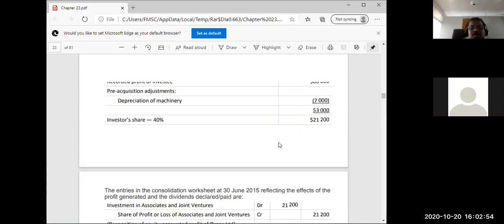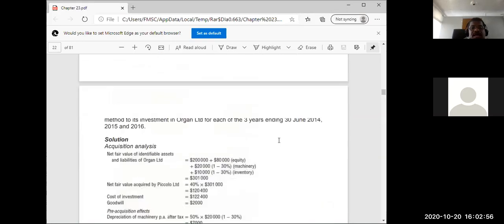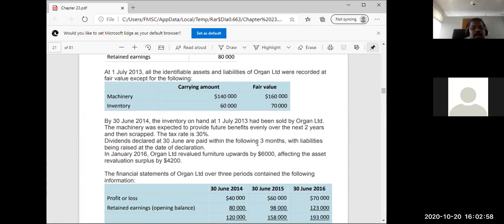So when you go back to this adjustment, you have to understand why we make these two adjustments. You look at the inventory on hand 1st July, which had been sold and was expected to provide future benefits evenly over the next 2 years.